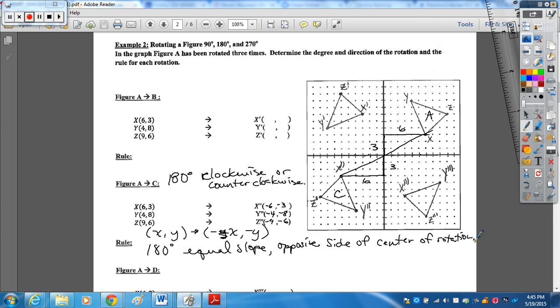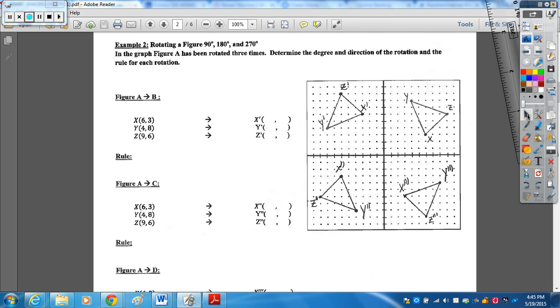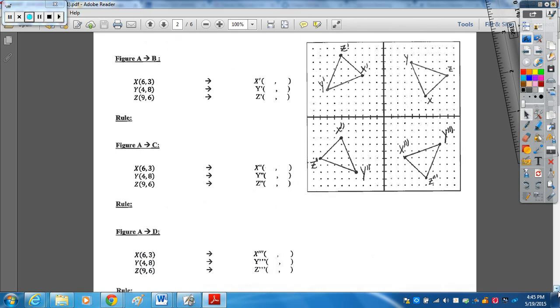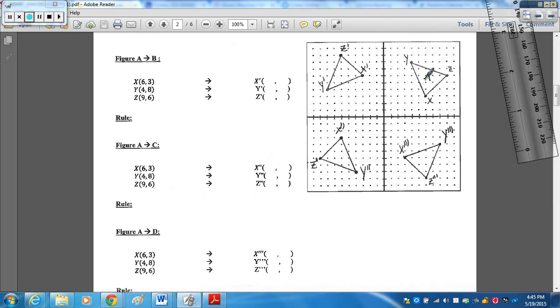Okay. All right, now let's clear that off, and let's go down just a smidge. Okay, we can see that without losing our picture here. Now we're going to go from A to D. Now I hope that to this point you're starting to figure out what the rotation is going to be.